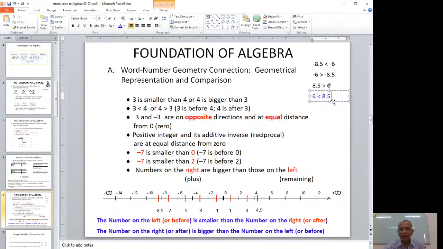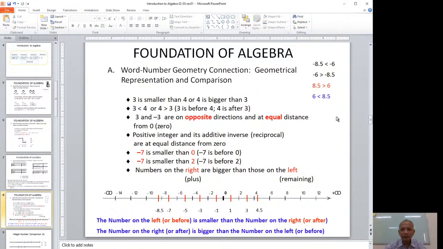But if we say it the opposite way, with the bigger number first, 8.5 is bigger than 6, because 8.5 comes after 6, on the right of 6. We write it like that, but actually on the number line, when we see a number, we have to place it on the number line, then we know which one is bigger and which one is smaller.